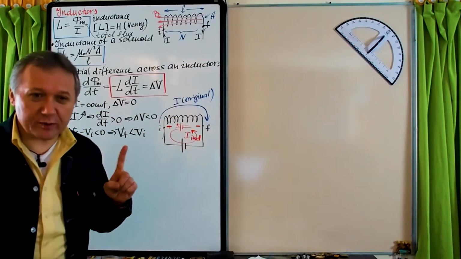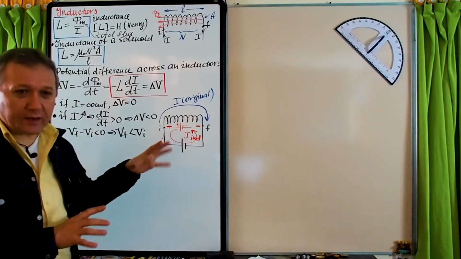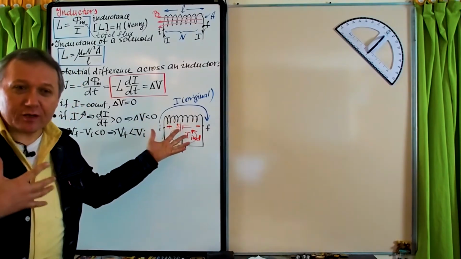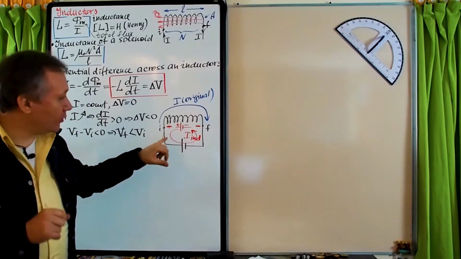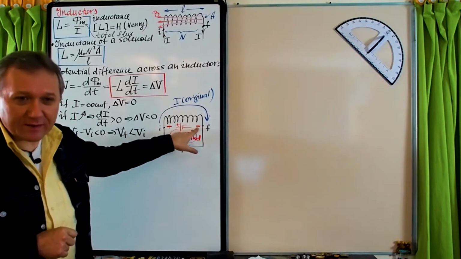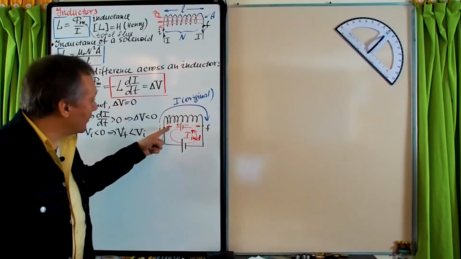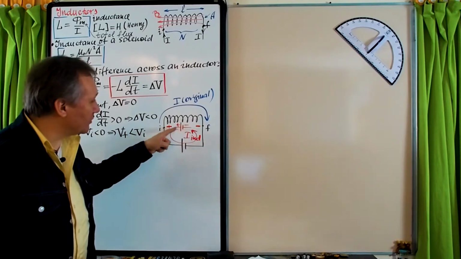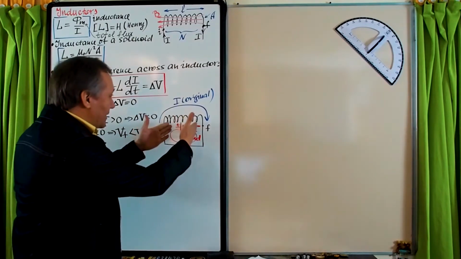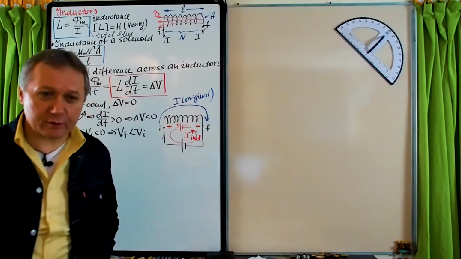And now let me explain why, after maybe a couple of years of teaching, I decided to add these words: the solenoid starts working as a small battery. Why? Because very often students write plus here, minus there, and then they remember the current flows from plus to minus, and they drive the induced current from this plus to that minus through the solenoid, which is wrong, because this plus and minus are produced in the solenoid, and then current is driven through the rest of the circuit.